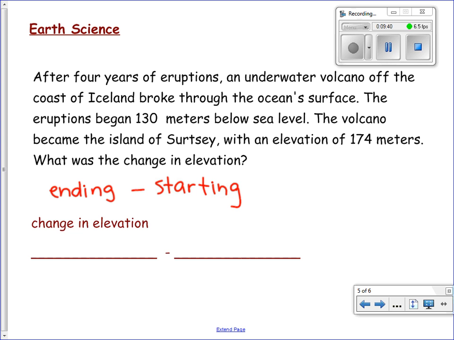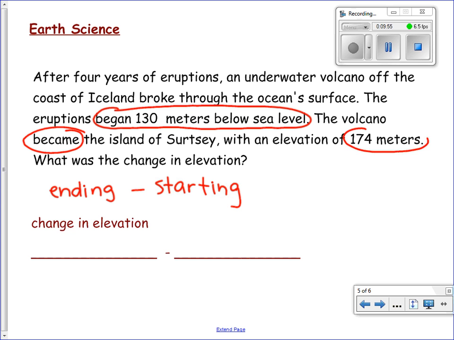We'll notice in our word problem the information was it began 130 meters below sea level and it became 174 meters. So we're going to determine the change in elevation by taking the ending of 174 and subtracting where it began, which was 130 meters below sea level.